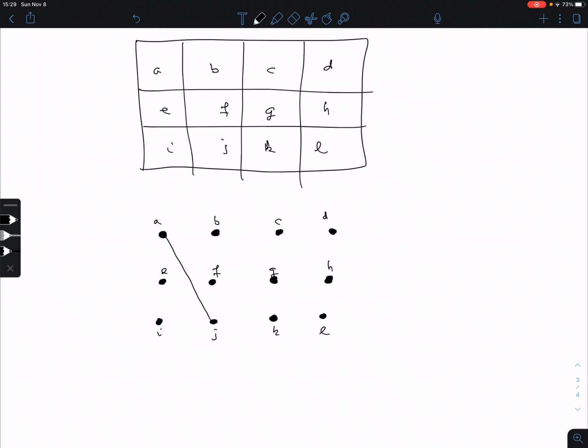A can go to J, and of course J can go to A. A can go to G, and those are the only two that from A you can go. From B, that's the one that I showed, you can go to I, you can go to K, and you can go to H. From C you can go to E, you can go one left, two down, and that's it.